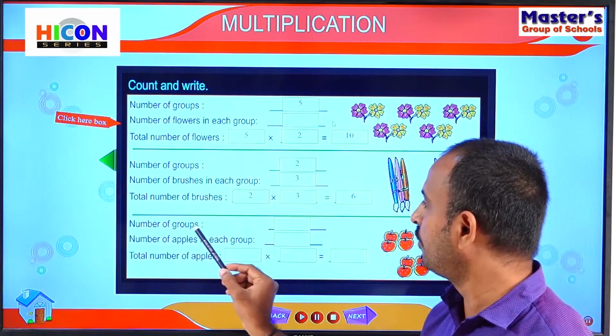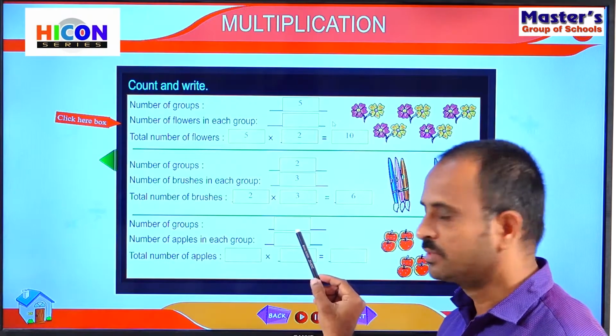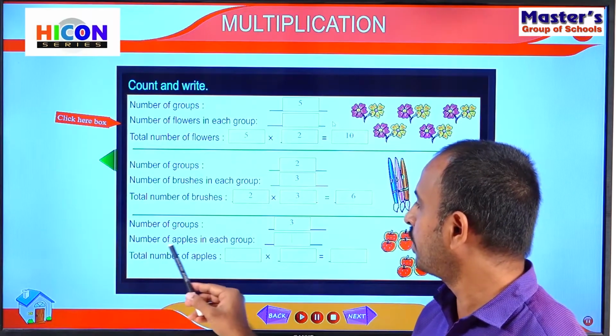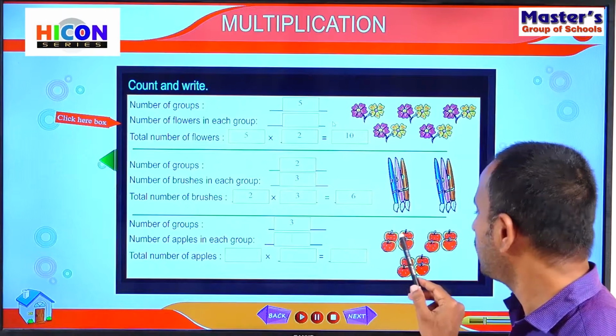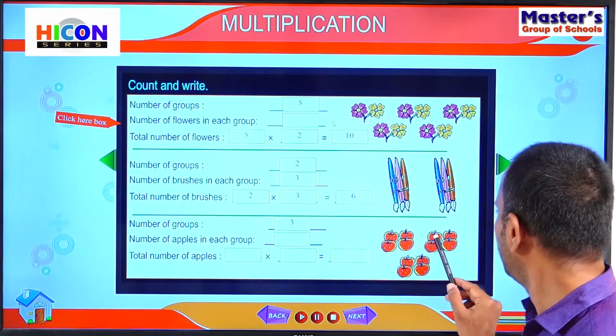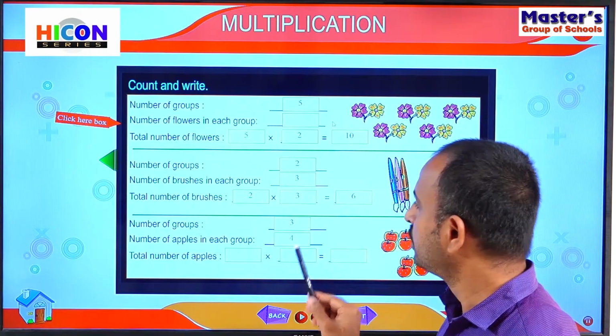That is, the number of groups is equal to 3. So write 3 here. And number of apples in each group. Children, how many apples are there in each group? 1, 2, 3, 4. So each group has 4 apples. So write 4 in this box.